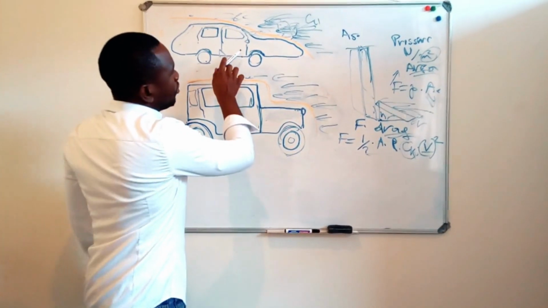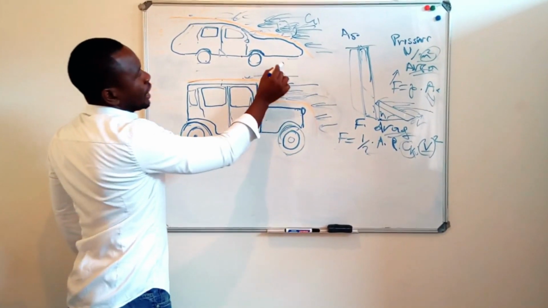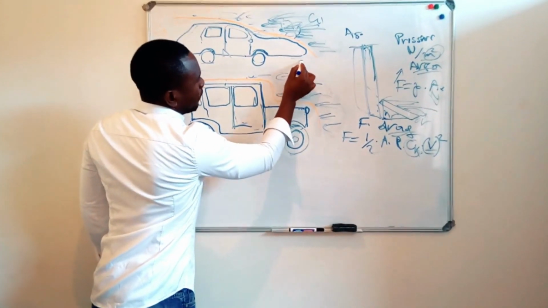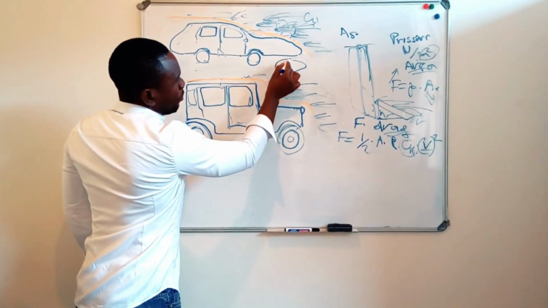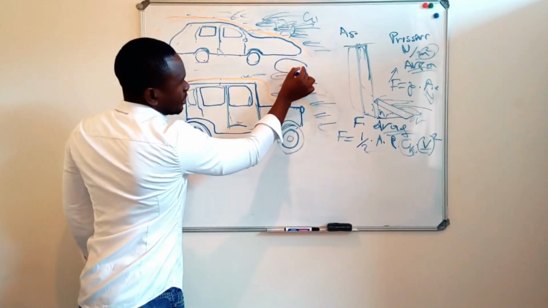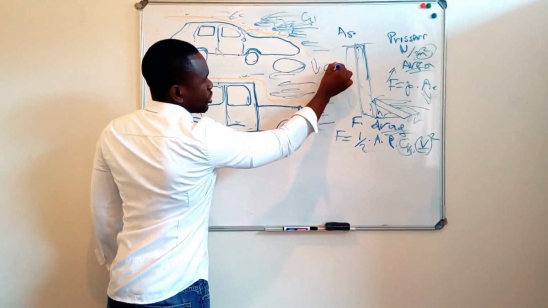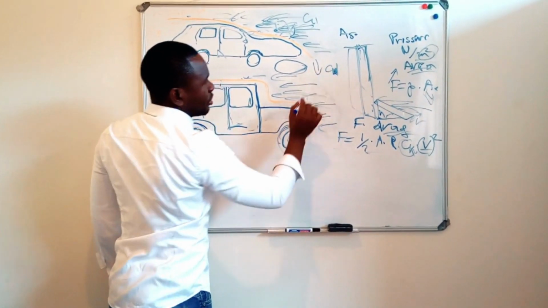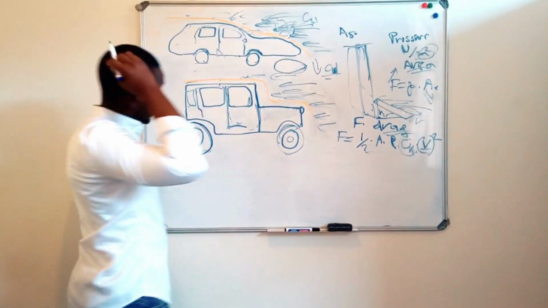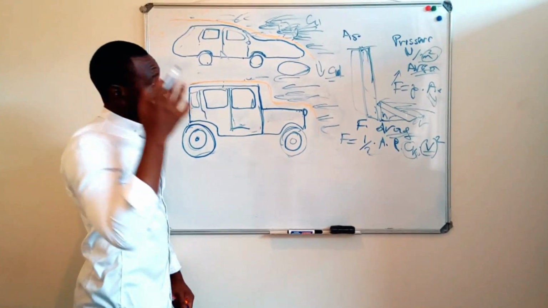If you check, that surface looks like an egg. So the more you approach the shape of an egg, the lesser your drag coefficient.